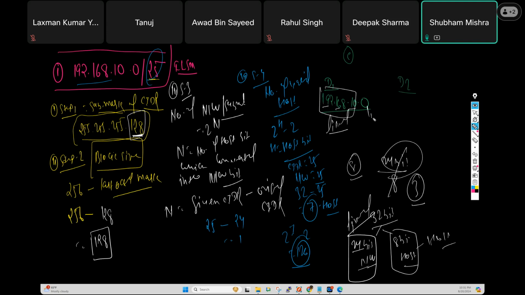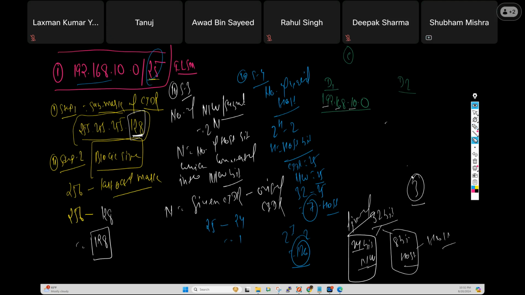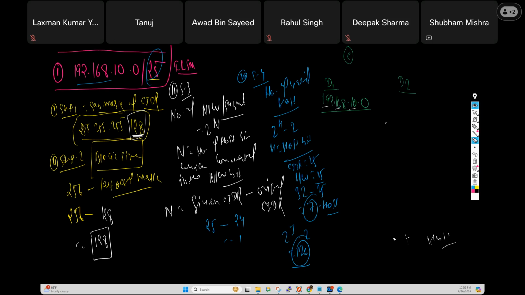And this is called host bit, or you can say host octet, and here you can perform any types of modification. Getting my point, everyone? So this is my first network ID, and this network ID I am going to assign to department number 1.